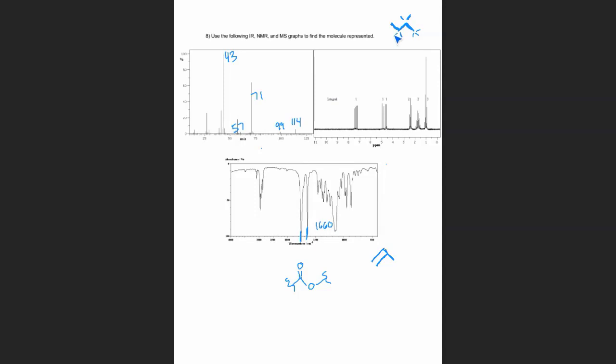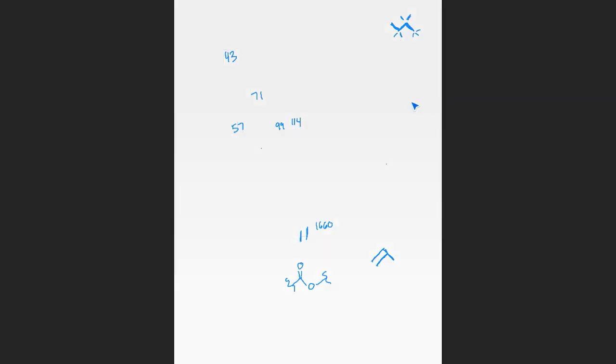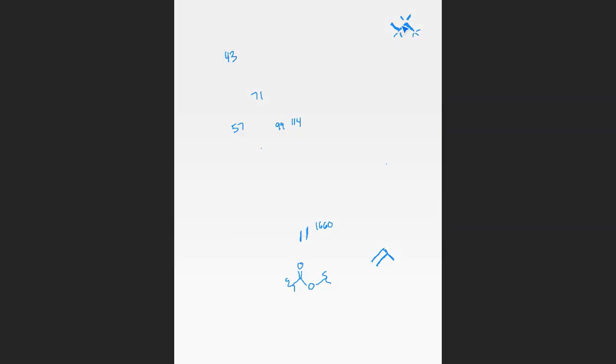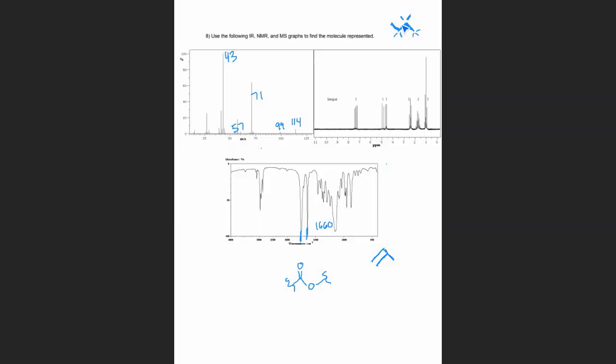Now we introduce 2 more hydrogens, and these 2 hydrogens are neighboring 2 other hydrogens. And with this other 2 hydrogen peak, it is a triplet, and so this 2 hydrogen satisfies what we have already. So there's no more hydrogens. The next carbon will not have any hydrogens.